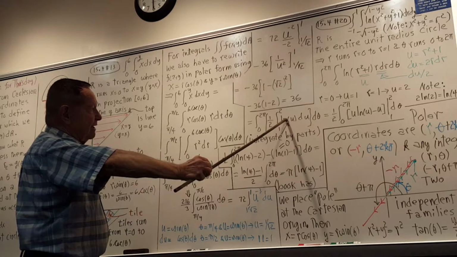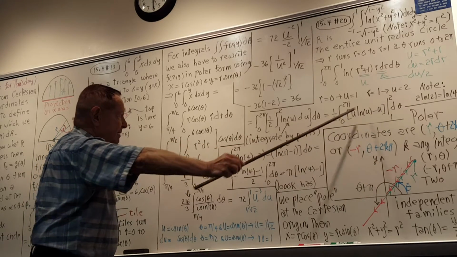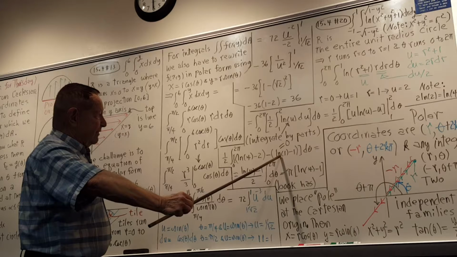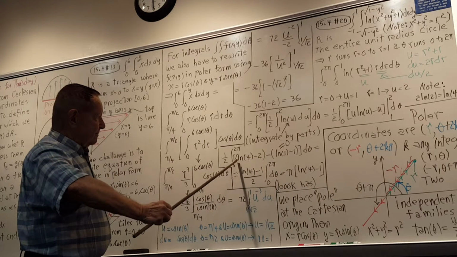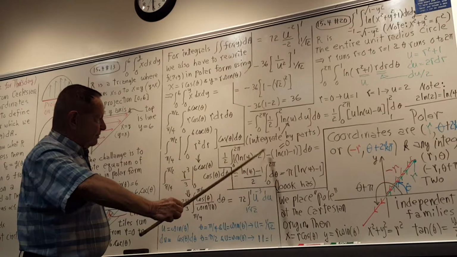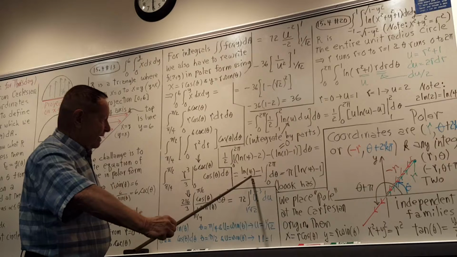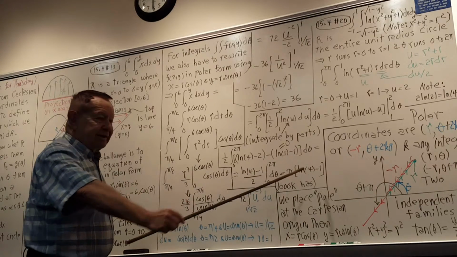So anyway, integrate by parts, and you get this, and put in your limits, and that gets you down here, and then this is all a constant, and then 0 to 2 pi for the d theta is just going to multiply it by 2 pi. So you end up with that.